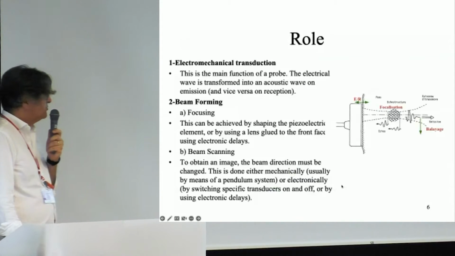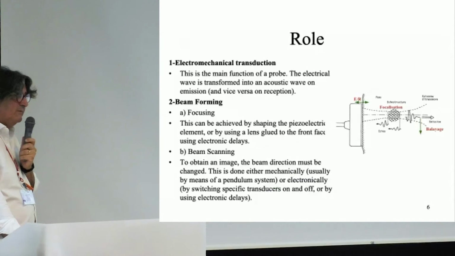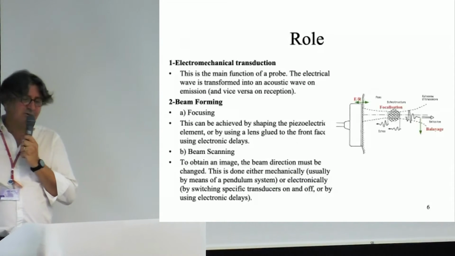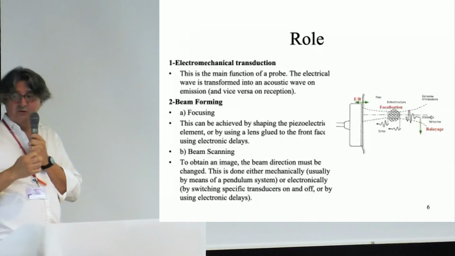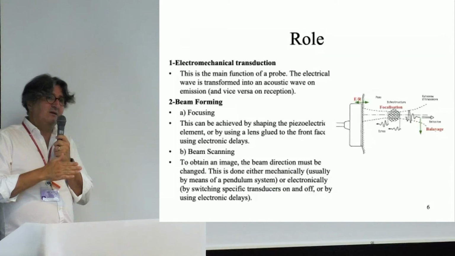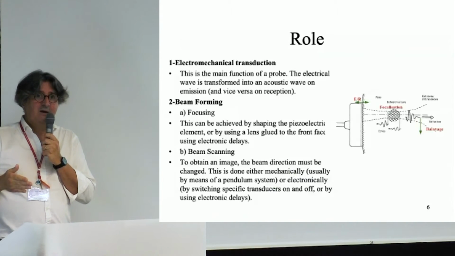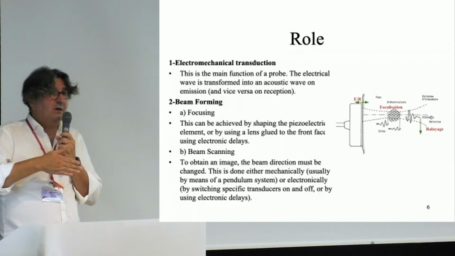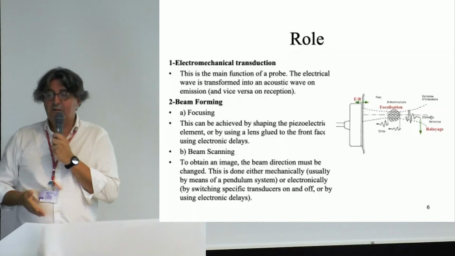What is the role of a transducer? First, the role of the transducer is to make the electromechanical transduction. This is one of the main functions. This is to convert the electric signal that you have sent into the probe to a mechanical signal, and conversely, to convert the mechanical signal, because you are working in a pulse echo mode, to an electrical signal.